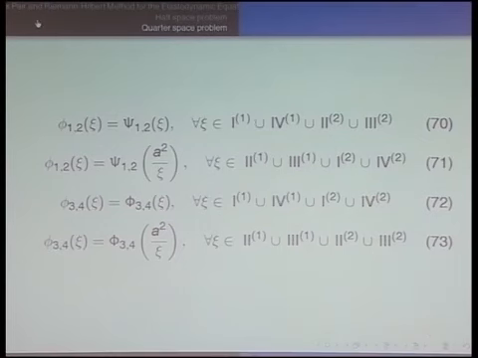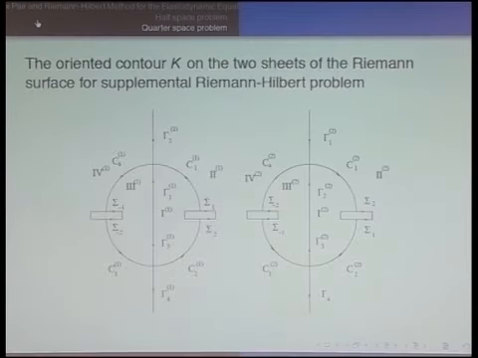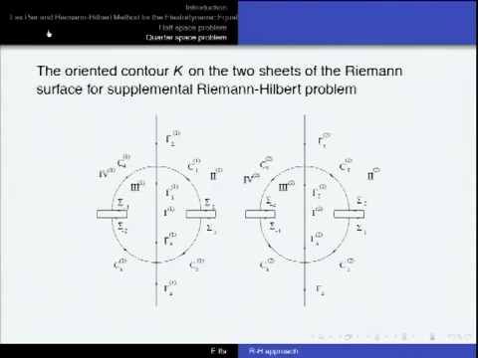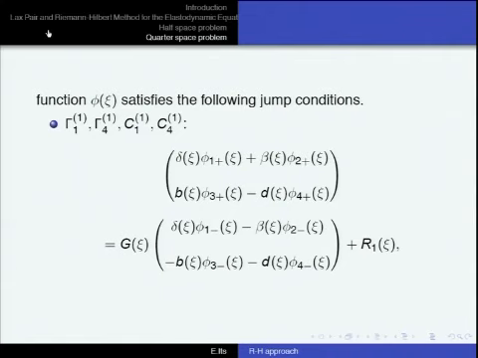So on this picture you see the Riemann surface, with the contours on the Riemann surface divided into various parts, and I am now showing you the jump equation for one part of this contour.